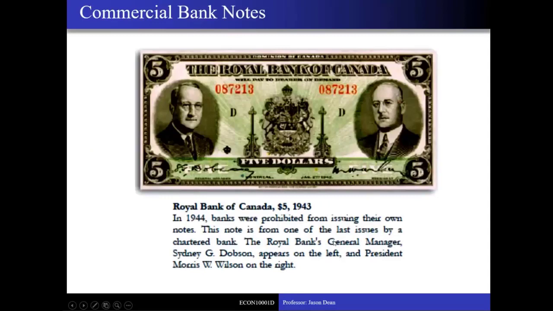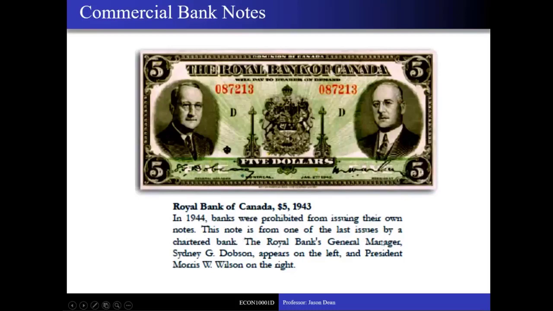So these are some commercial banknotes. This is the Royal Bank of Canada. This was a $5 banknote, and if you look here somewhere, it says we'll pay to the bearer on demand. And this was for something like gold. It was actually not until 1944 that commercial banks were prohibited from issuing their own notes.